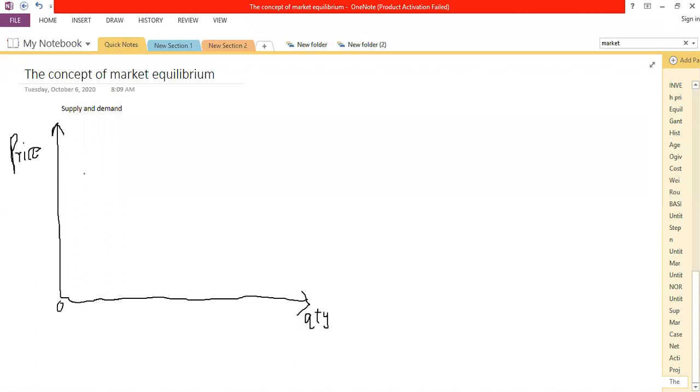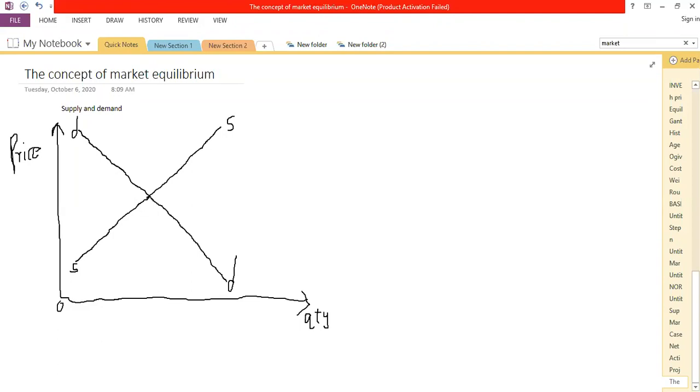Under normal circumstances, when I say normal circumstances, we are avoiding those exceptional cases. A demand curve, assuming normal case in the market, we said it does slope from left to right downwards. A normal supply curve would slope from left to right upwards.